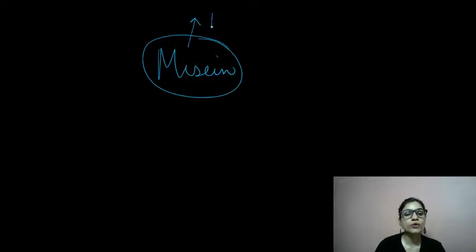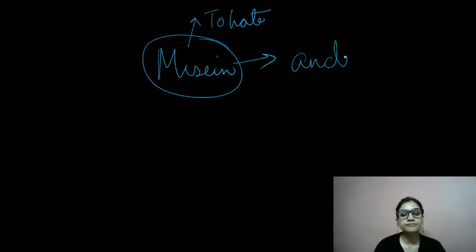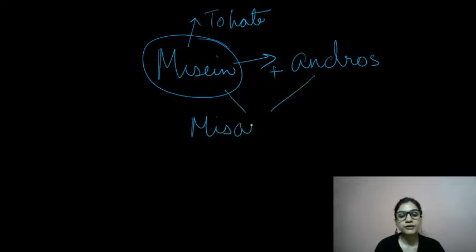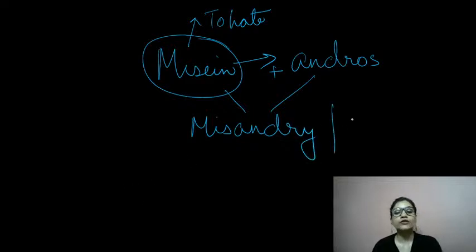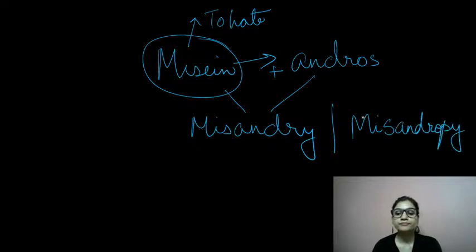So, misane is to hate, but the moment I add andros to it, the word I get is misandry, or I can also refer to it as misandropy. Right?